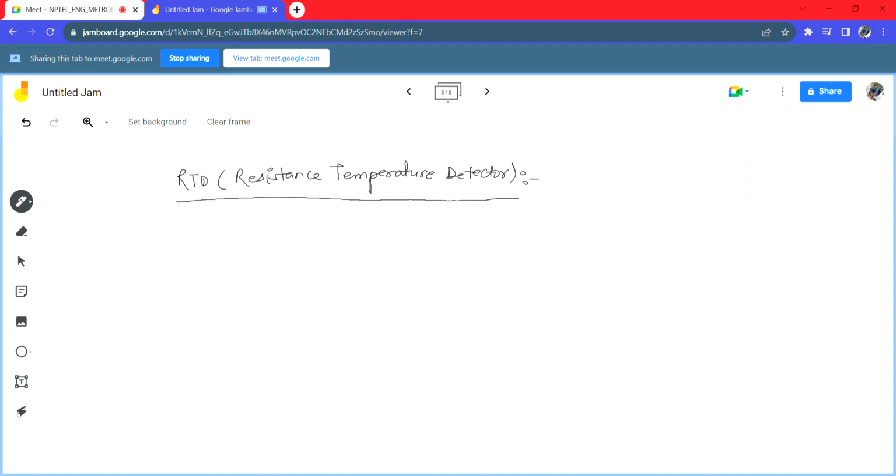But how this differs is, again, upon the choice of material. When we were discussing thermistors, we said that it is made of semiconductors. RTD, on the other hand, is purely conducting material.